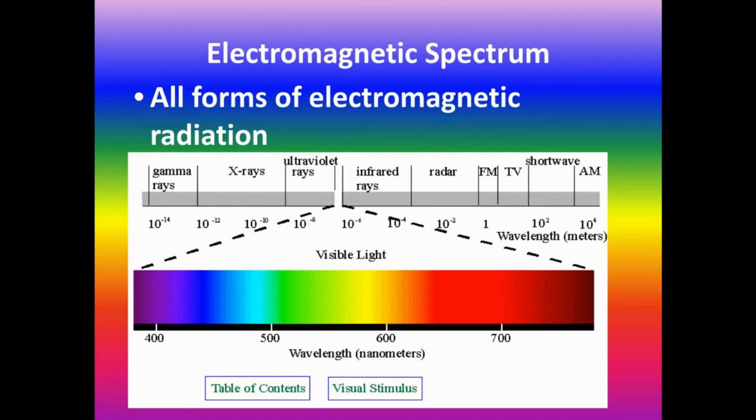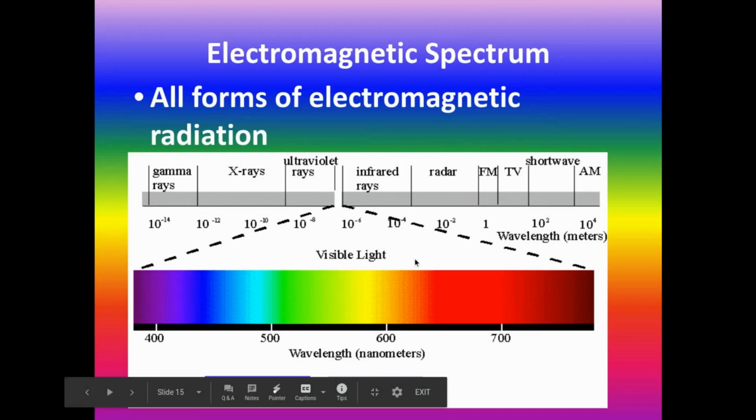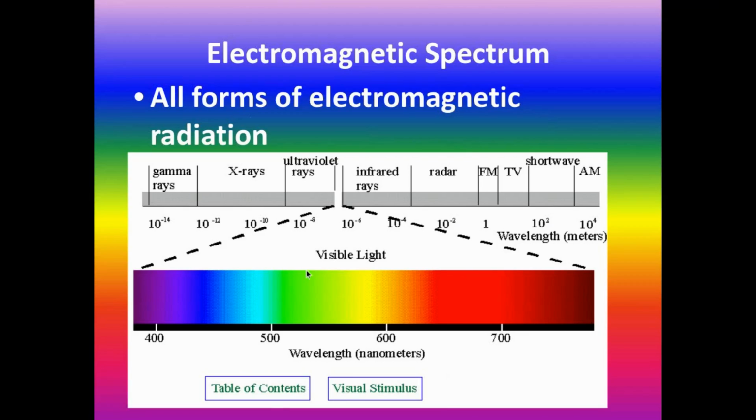So if we look at this spectrum, this includes all of the different types of waves. And so what we actually see, the visible light or the rainbow that we might think of, only makes up this small amount of the electromagnetic spectrum. But actually, it includes things like ultraviolet rays, X-rays, gamma rays. And then on the other end, we've got infrared, radar, FM, TV, shortwave, and AM.